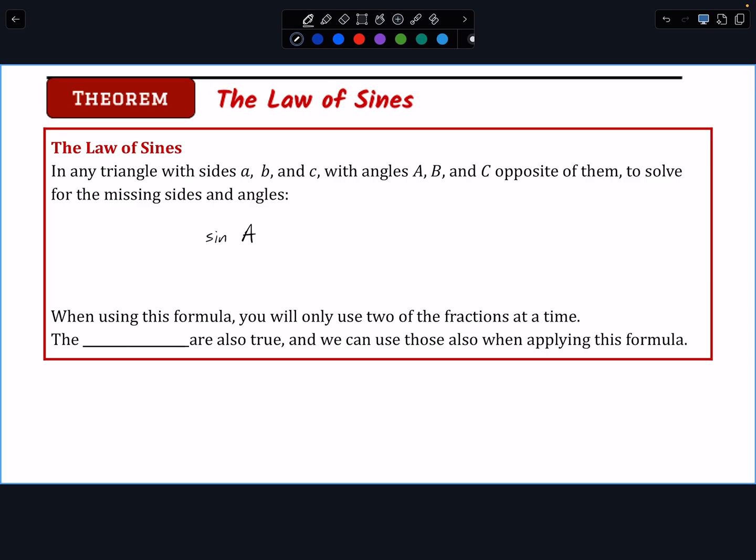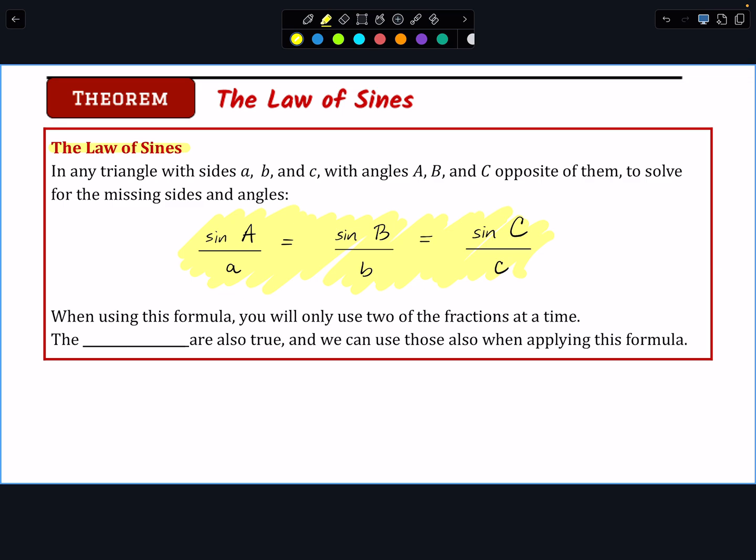Sine of A over little a is equal to the sine of B over little b, which is equal to the sine of C over little c. This is the law of sines.